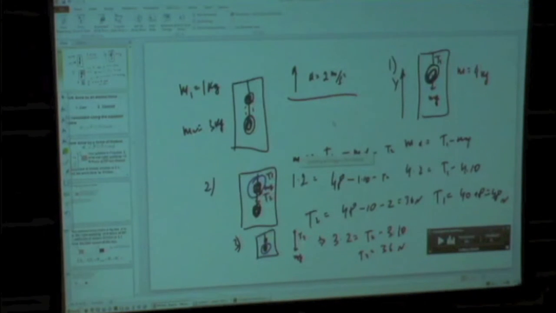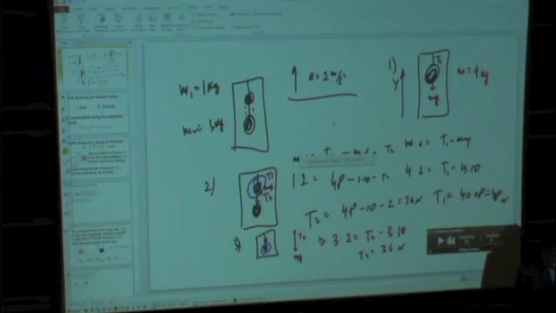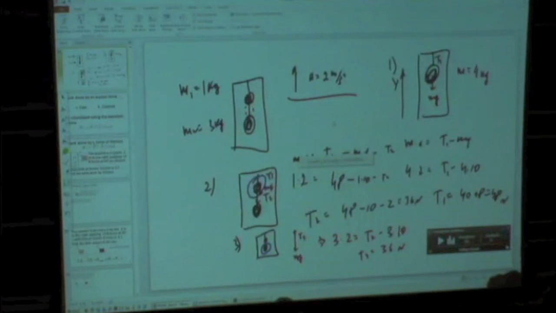Yes, excuse me. I'm listening. Okay, so for the box which is the smallest, if you only look at this block, only top block, how many forces are acting on it?